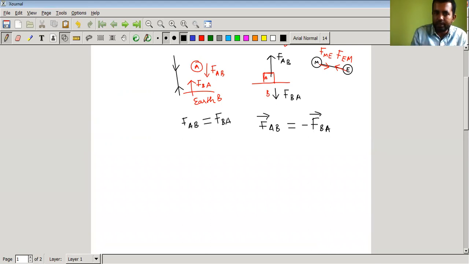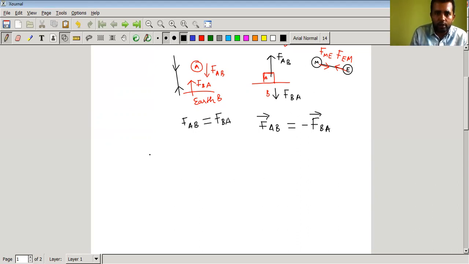In this case, these two are gravitational forces. These two have the same nature. Now these two are contact forces or normal forces. Again, they have the same nature. Again, these two are gravitational forces. Okay.